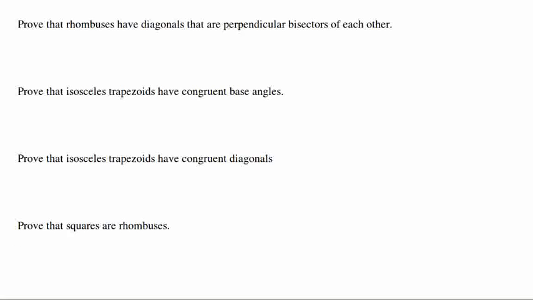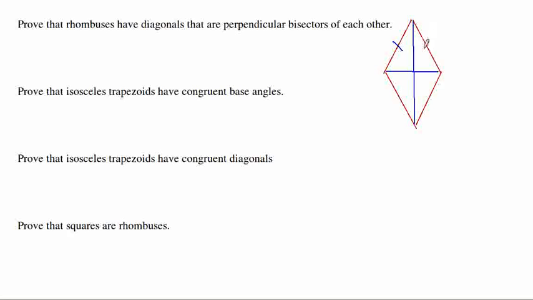All right, I'll go ahead and show you one way to prove these. So for the first one, let me draw a rhombus. All right, and let me also draw the diagonals of this rhombus. And let's recall some properties we know that this rhombus has.